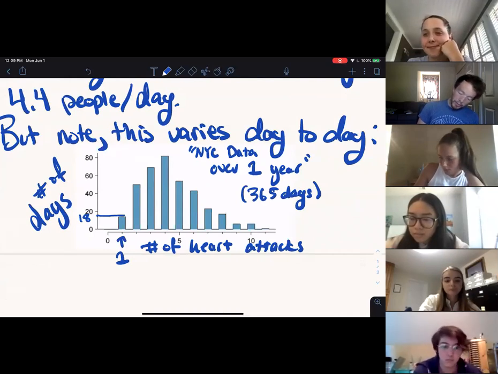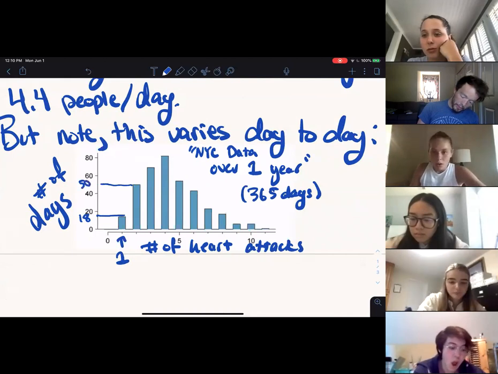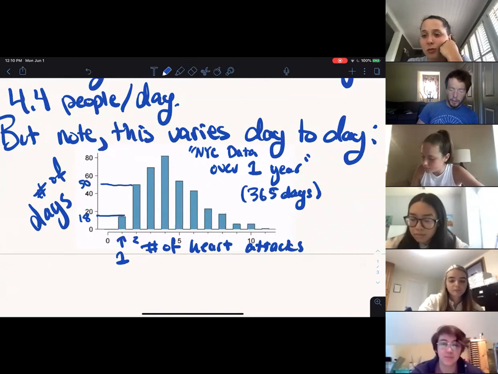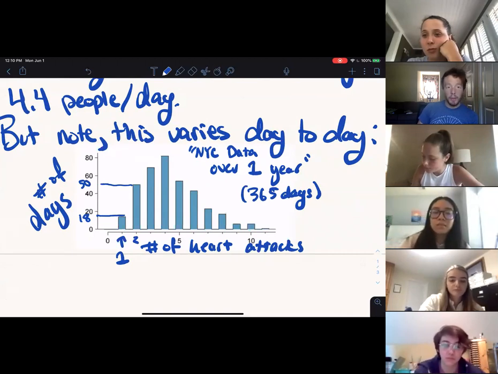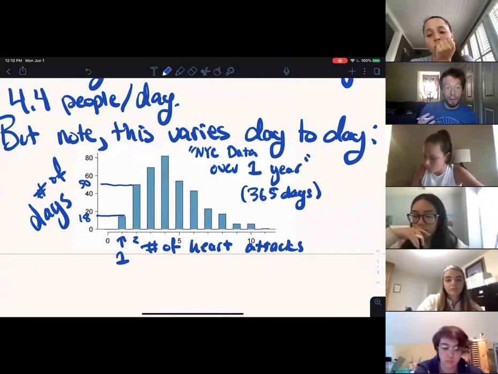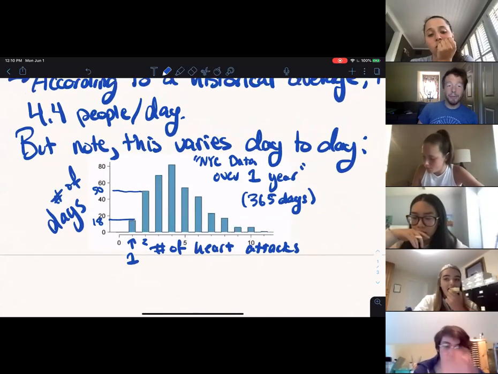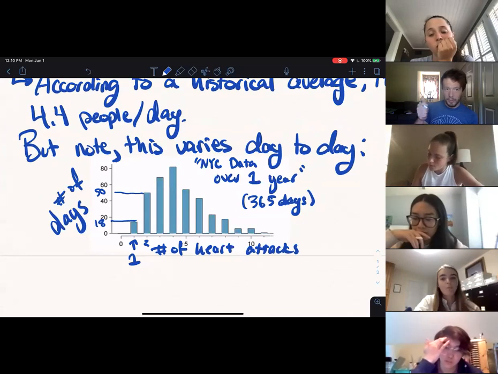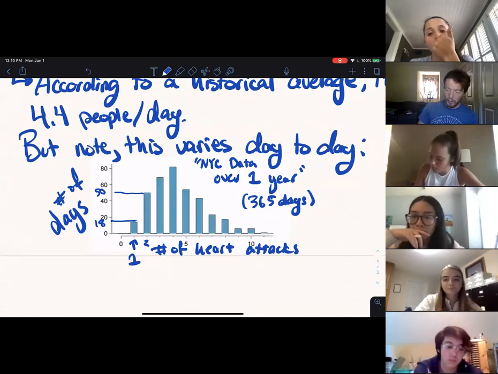Of the 365 days of the year, it looks like about 50 were days when there were only 2 heart attacks, 2 people hospitalized for heart attacks, right? You can see that this distribution describes that on different days, I might have more or less than 4.4, but it averages out to 4.4. Do we see this? Yeah? Okay.